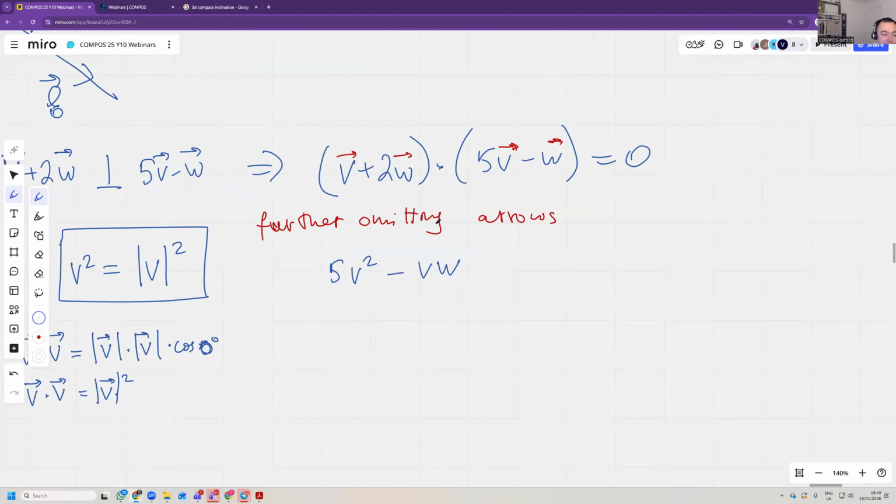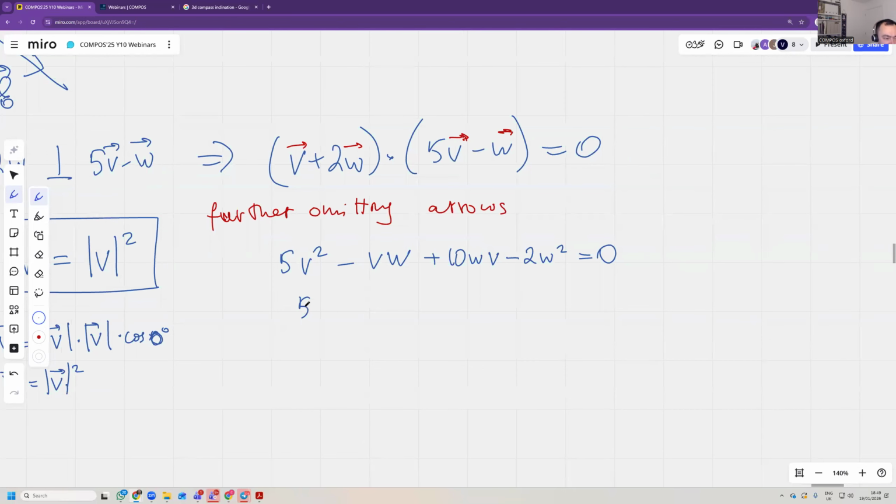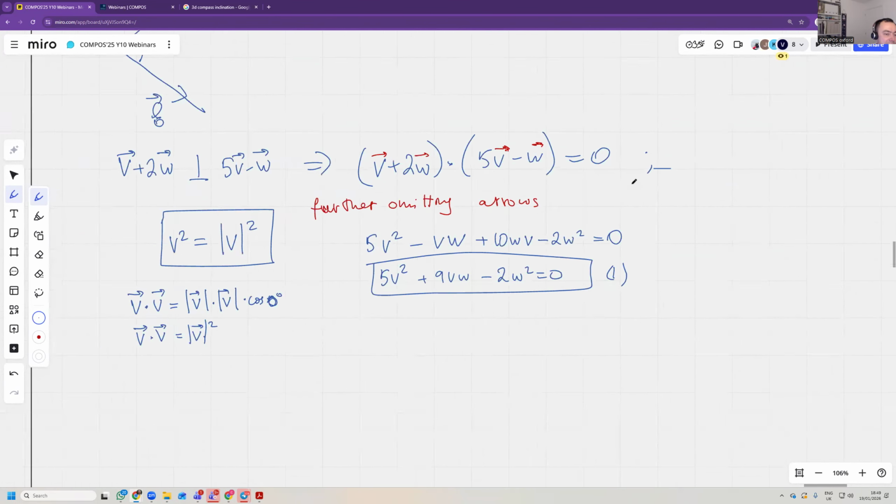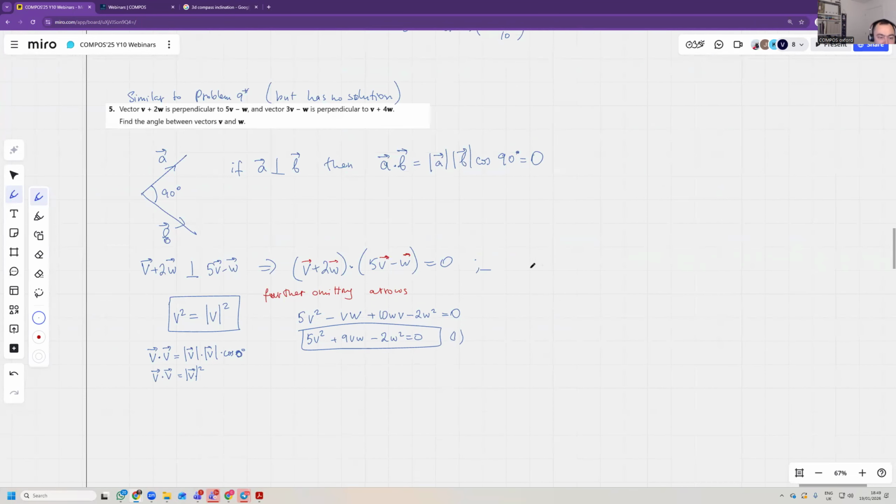5v squared minus vw plus 10wv minus 2w squared equals 0. All right. In other words, 5v squared plus 9vw minus 2w squared must be equal to 0. That's the first equation. The second equation is that the two vectors, so (3v minus w) multiplied by (v plus 4w) is equal to 0.